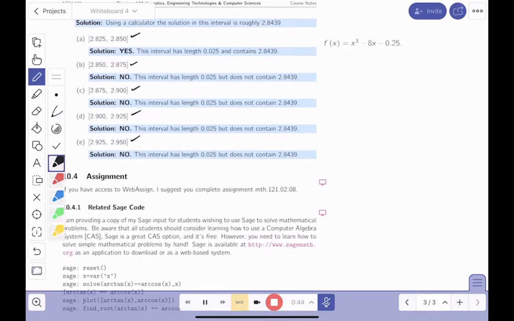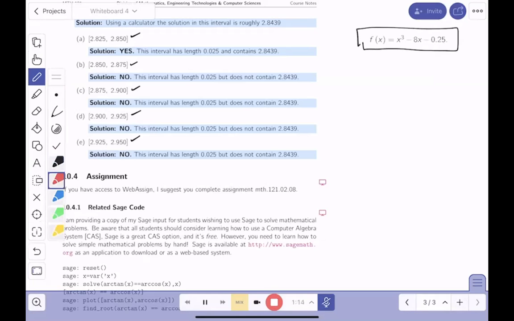All right. What you got to do, though, and this can get really tough for students that don't know how to use a computer, you're going to have to evaluate the function f at their endpoints. So I'm going to go over here. And I want to point out, if you're using Sage, just define the function. This is the function you're going to use.